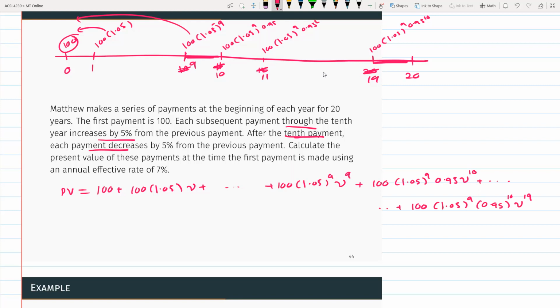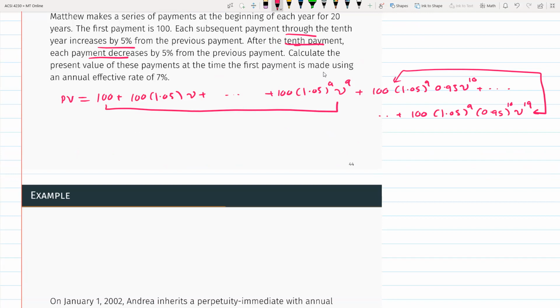Okay, that's the formula. So we can treat this as a two-part equation. We try to find the value for this part first, and then for this part next. That's our strategy. So for the first part, you can see right away 100 is a common factor.